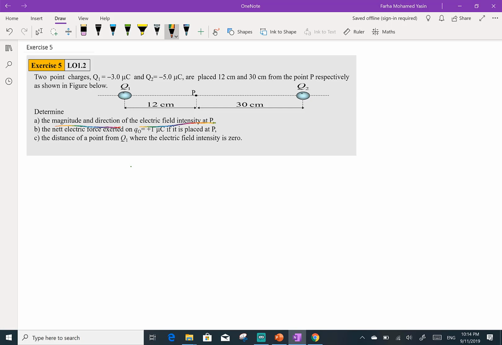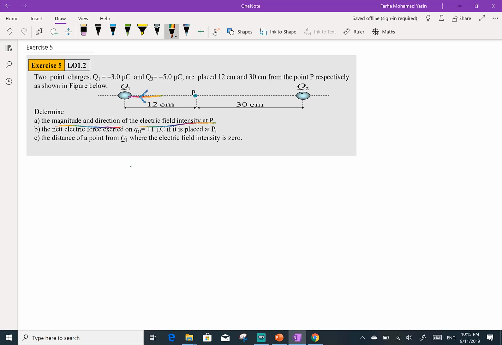Okay. So, sekarang ini point P kita. So, the first step we need to do is to draw the vector. Okay, so to draw the E towards Q1 and Q2. Okay, so we have Q1 negative sign, Q2 also negative sign. So, ingat bagi electric field line, okay, bagi charge negative, arah E dia adalah towards the Q1.